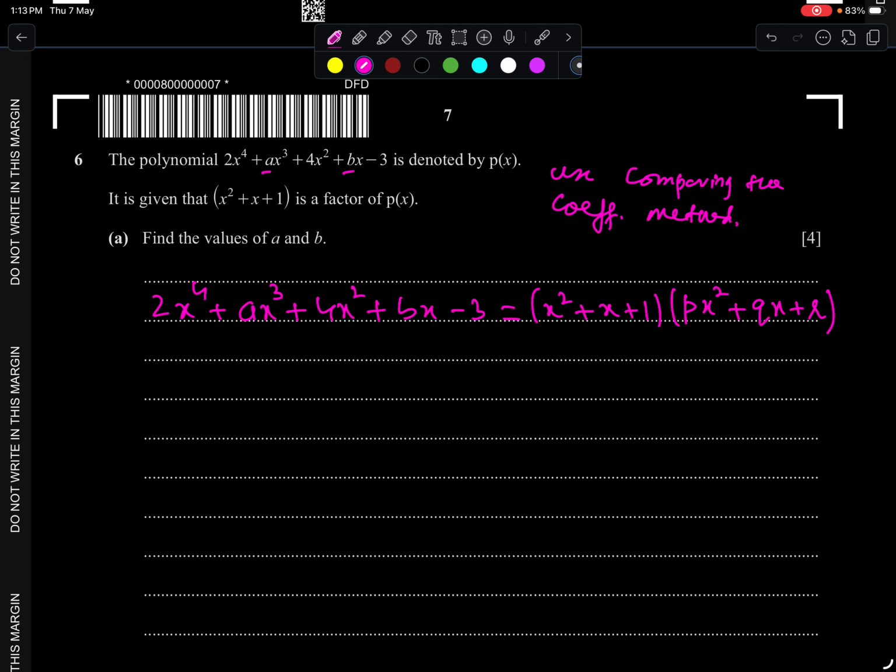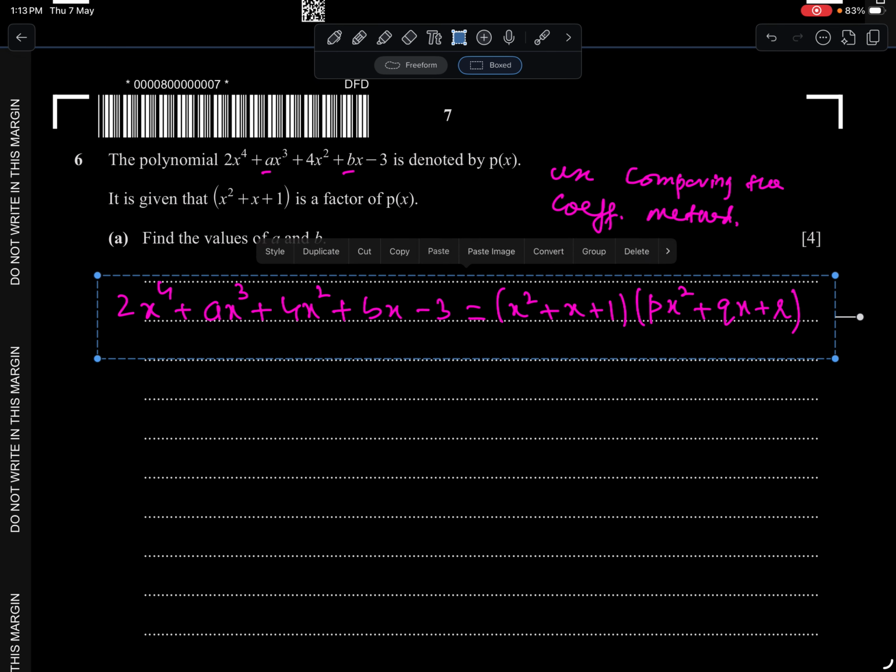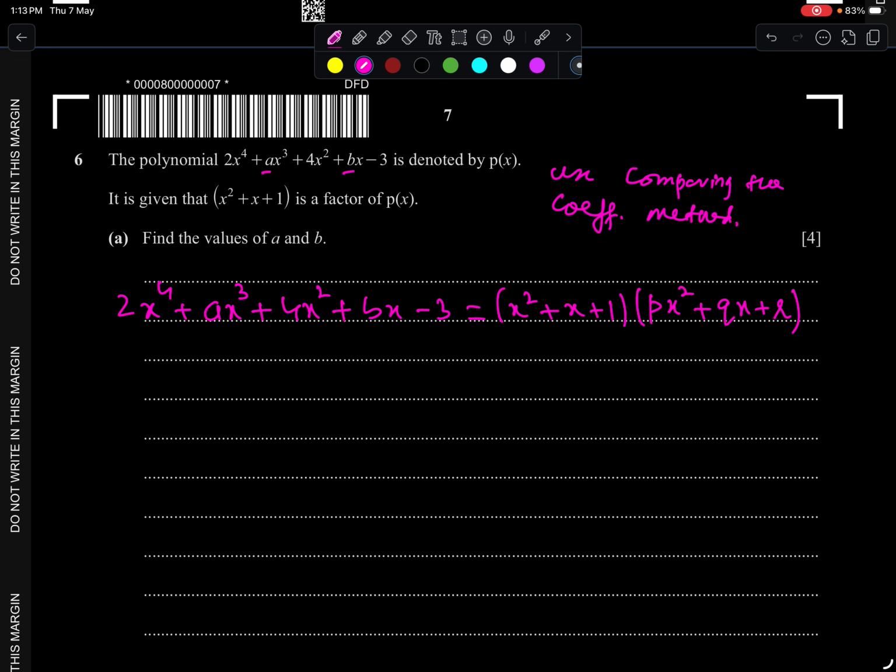Now multiply the right side very carefully. When we multiply x square with this whole, we will get px power 4, then qx cube, then rx square.